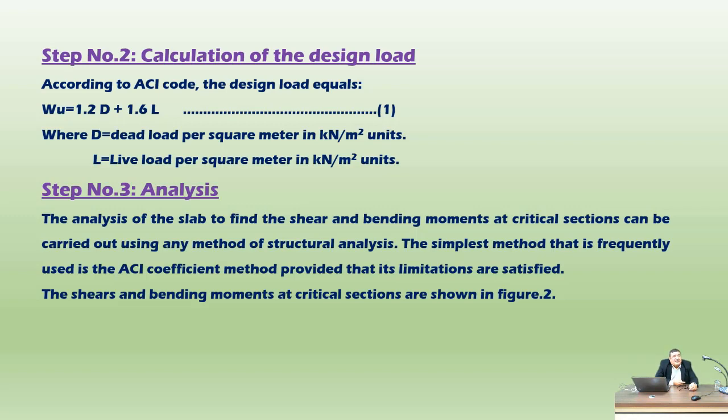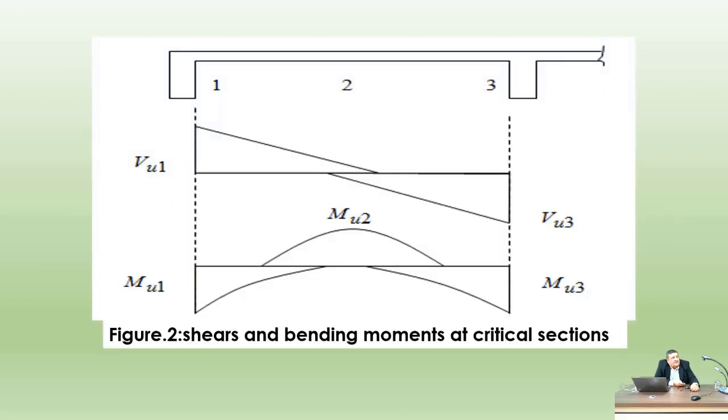The simplest method, thus frequently used, is the ACI coefficient method, provided that its limitations are satisfied. The shear and bending moments at critical section are shown in figure 2. This is figure 2. This is the shear diagram and the bending moment diagrams for critical sections.